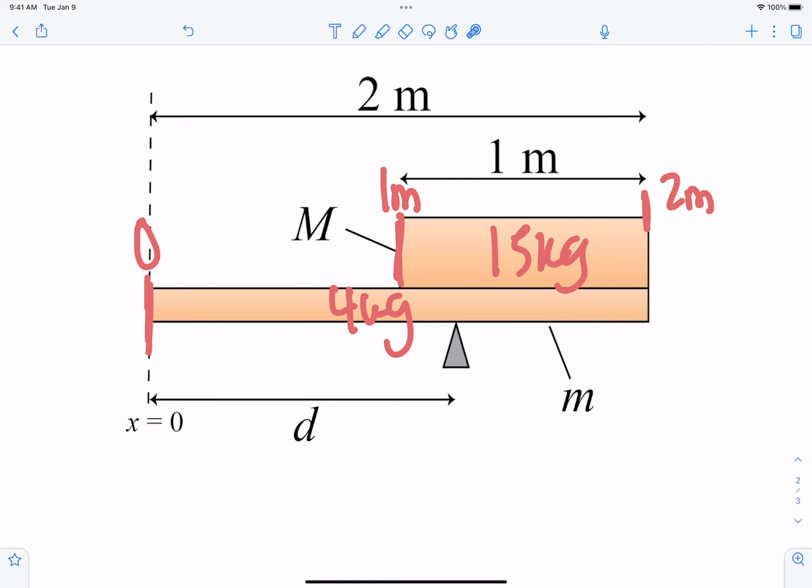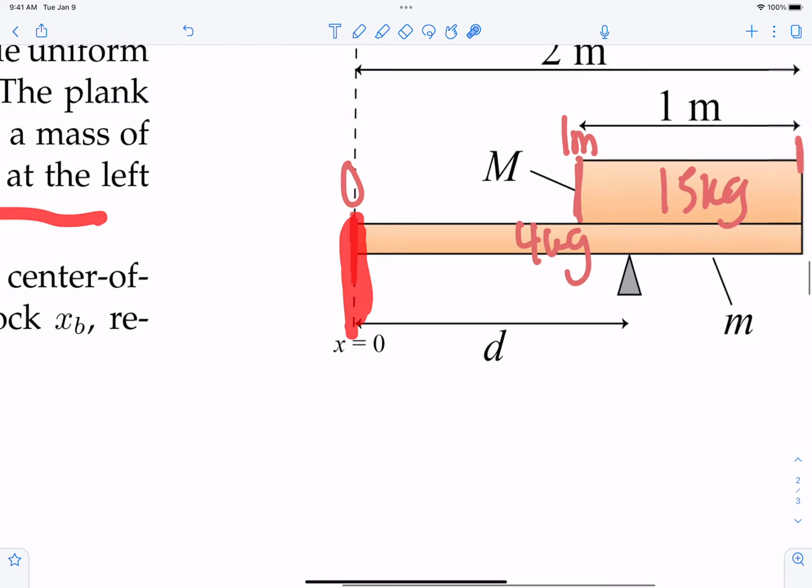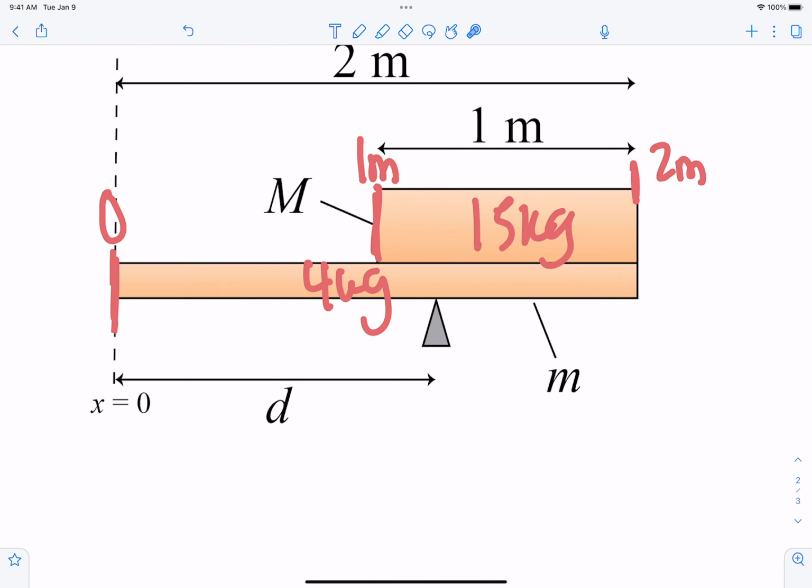So what do you think the center of mass of the block is going to be? And remember, we have to calculate the center of mass relative to this starting point right here, x equals 0 at the left end of the plank. 1.5, excellent, right? So we know that from here to here, it's 1 meter.